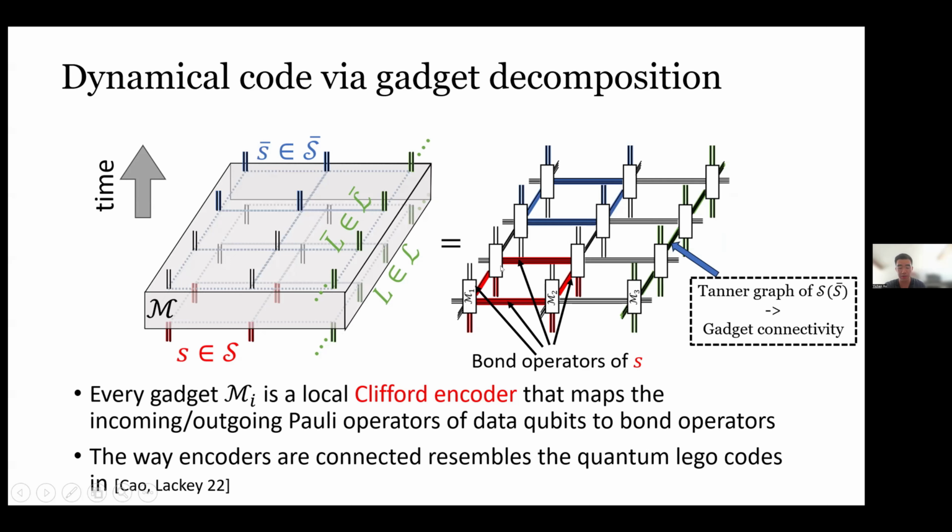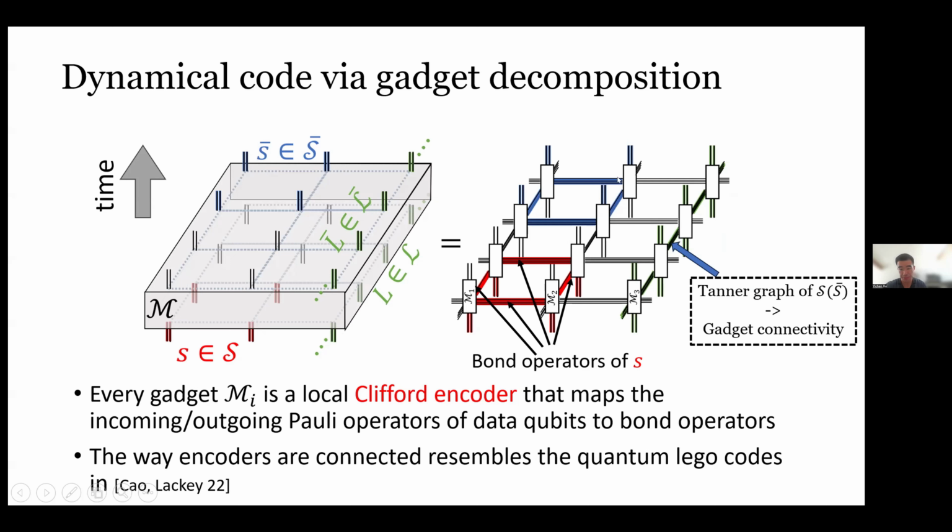Because the operator S is measured, the Pauli web of S must stay inside this black box. That means it needs to stay on the bonds that connect all these gadgets. So this is just a sketch of how this can be achieved. For example, if this few-body stabilizer S is mapped to these bonds and they're interconnected, that means, sure, the S operator is measured.